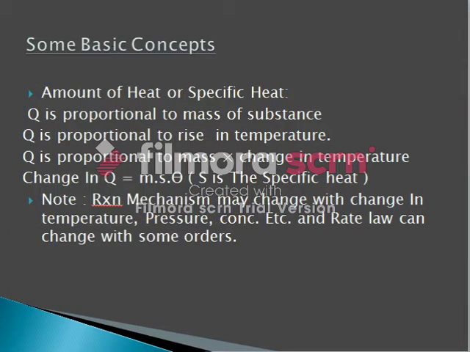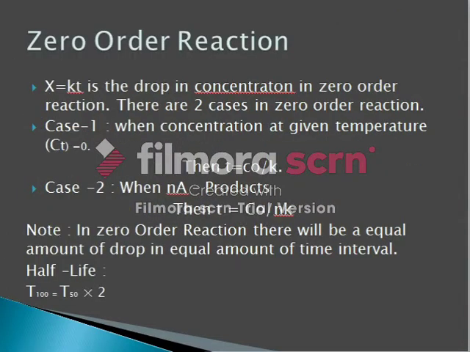Let's move on to the third one. I said that some of the orders can change the rate law. One of those is the zero order reaction. What is a zero order reaction? I think you have heard of it for the first time. In the zero order reaction, there are some cases.